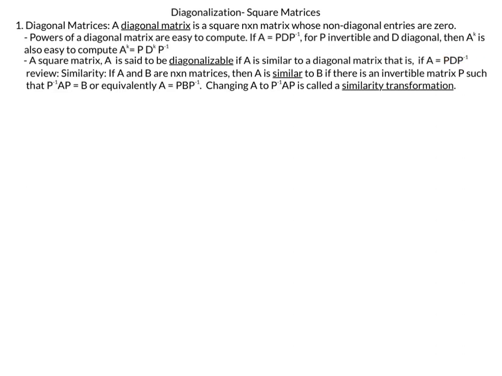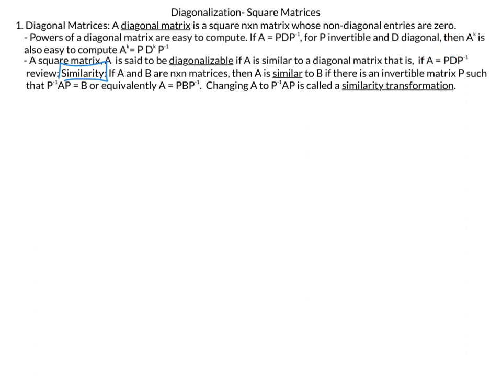And I want to focus on this definition of similarity that we had seen in the previous video, but really spent very little time on. So this form here, when A, not a diagonal matrix, is easy to compute A raised to the K, is exactly when A is similar to a diagonal matrix.